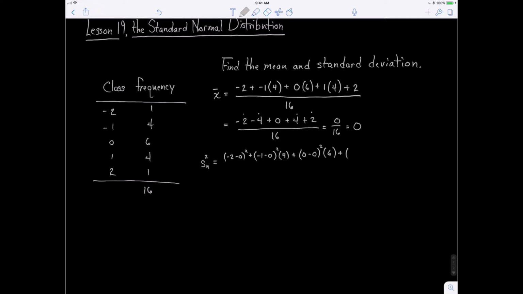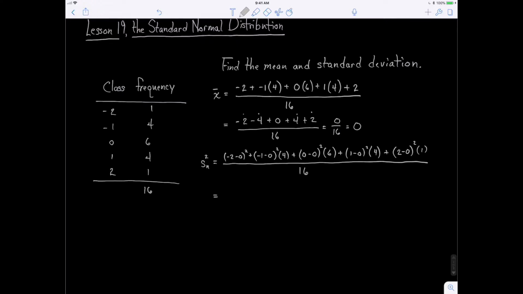Take the next data, that's 1, we subtract the mean, we'll square that, and we have 4 of those. Plus, our last data value is a 2 minus the mean of 0, we'll square it, and if you want, we could remember we only have 1 of those. And then we're going to divide that by 16.